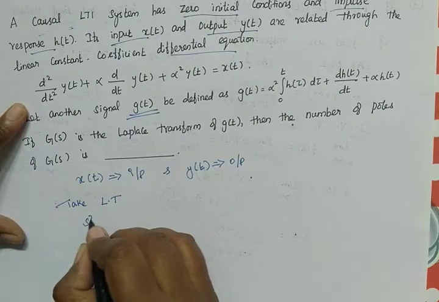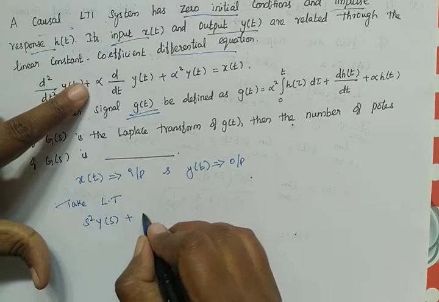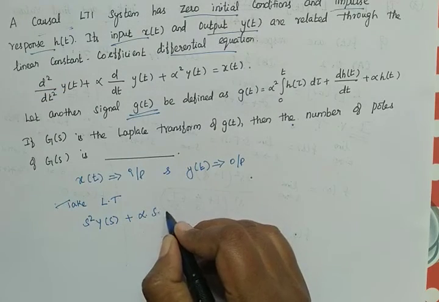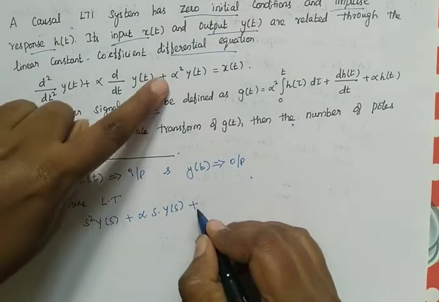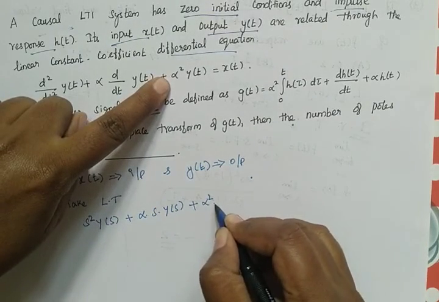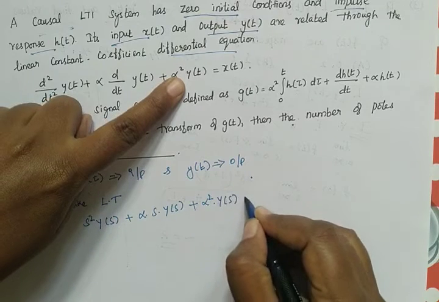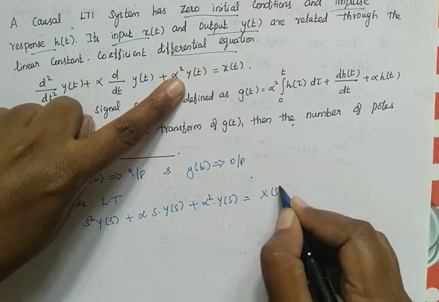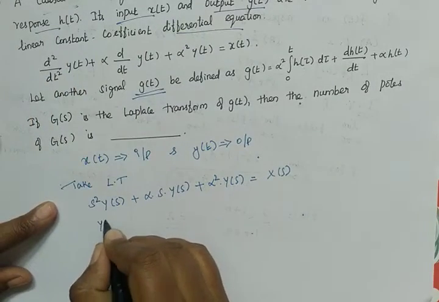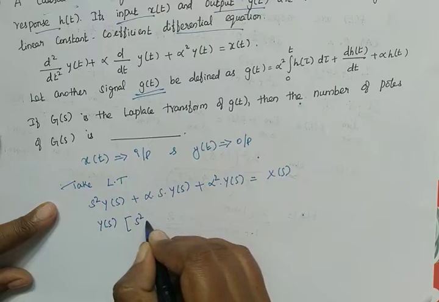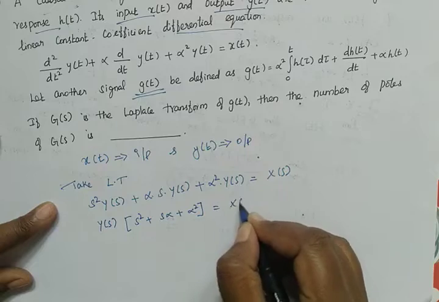We can write this as s squared Y(s) plus alpha s Y(s) plus alpha squared Y(s), which is equal to X(s). Taking Y(s) as common, we get s squared plus alpha s plus alpha squared, times Y(s), equal to X(s).